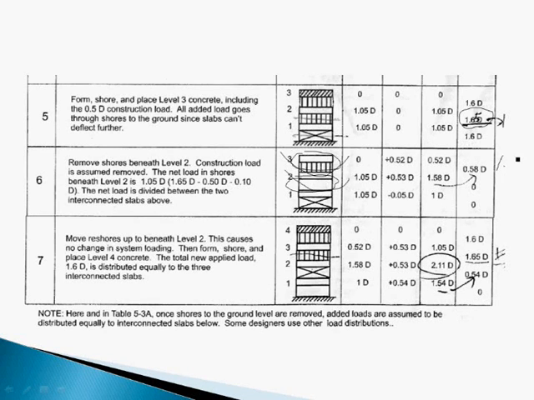But first, you want to subtract 0.5D, the live load, out of 1.65D, and also the 0.1D of the shoring load, which gives you 1.05D, and you want to distribute this among slab 2 and slab 3 evenly.